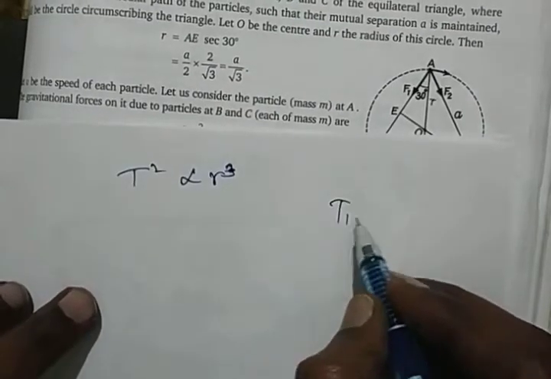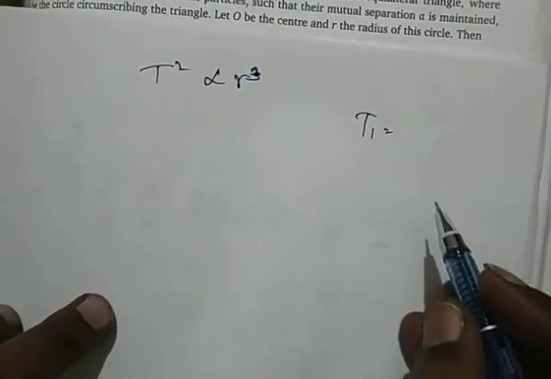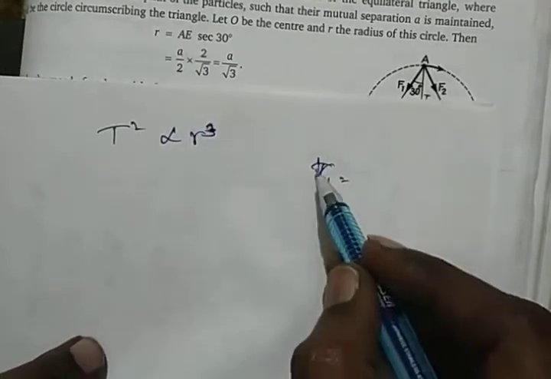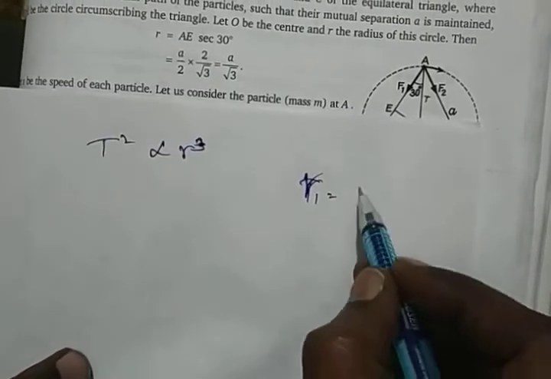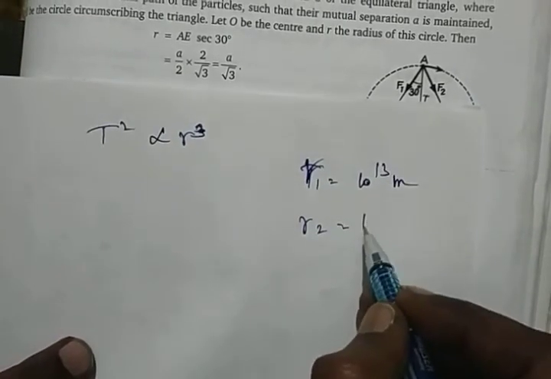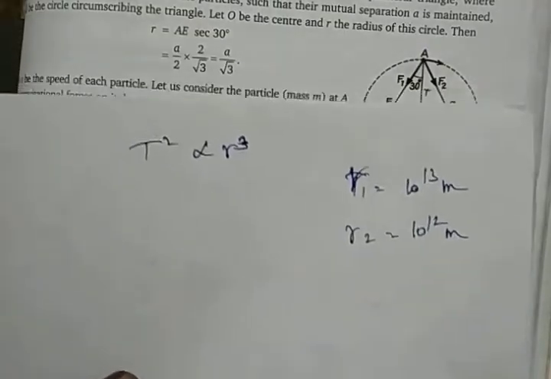So in this one, T1 is given here. The distance R1 is equal to 10 to the power of 13. R2 is given here, 10 to the power of 12 meters. These two are given here.